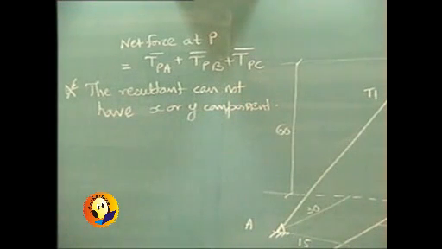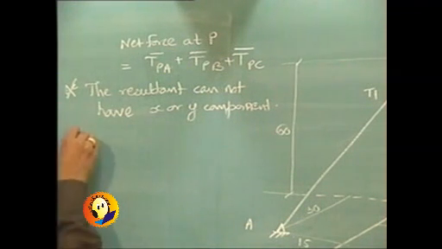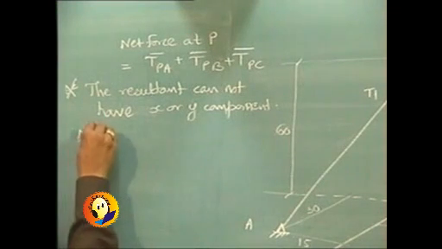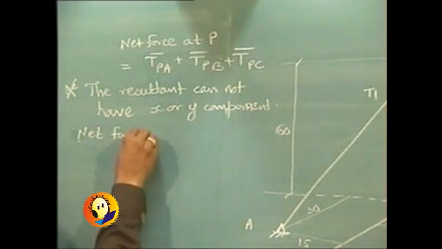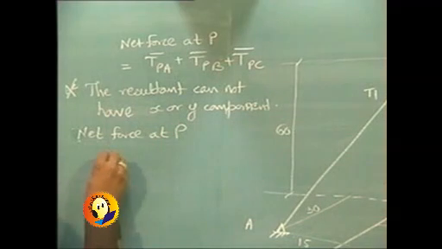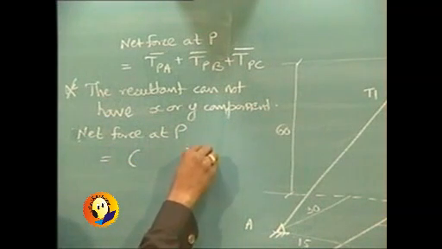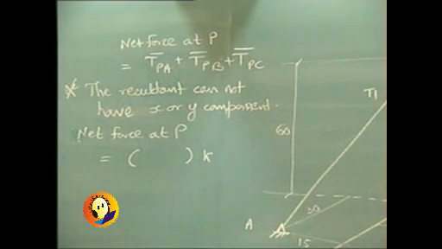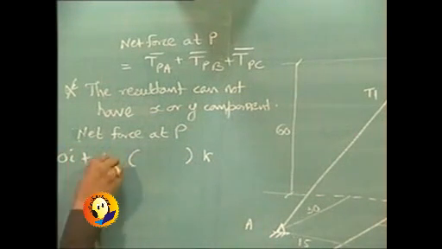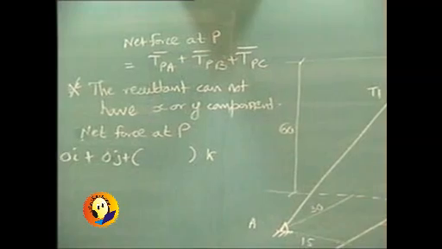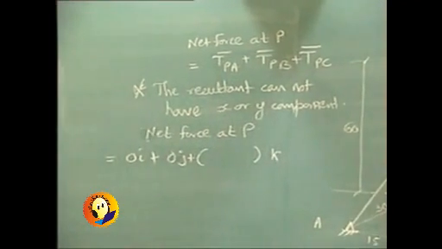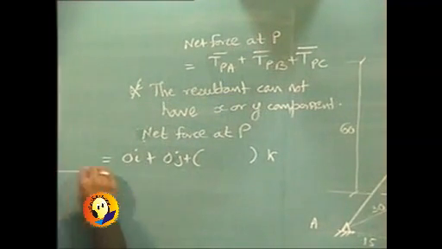So ultimately net force at P will have only the K component. That means it is to be written as 0I plus 0J plus some K. Now this is overall thinking behind it.